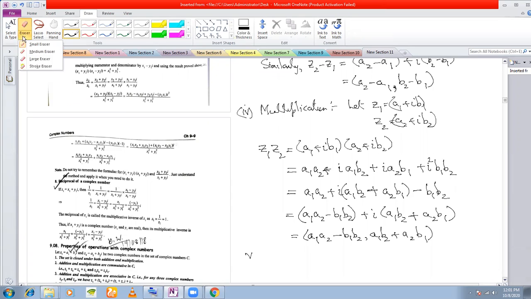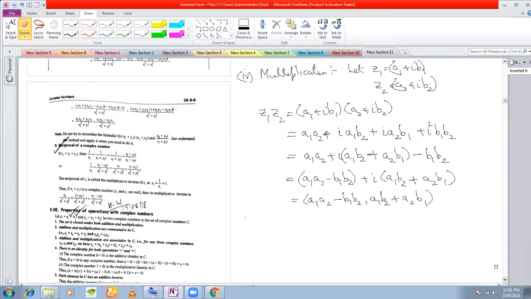Before division, what I want to discuss with you is the conjugate of a complex number. What do you mean by the conjugate of a complex number? Suppose I take a complex number a1 plus i b1.